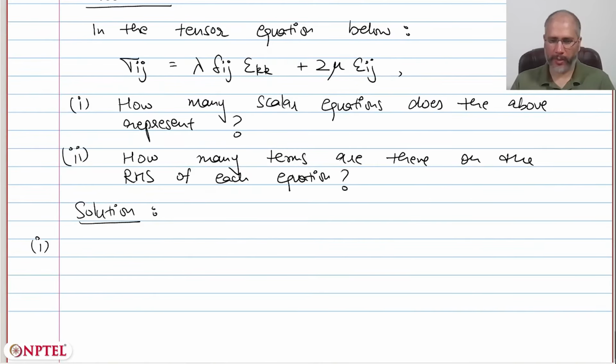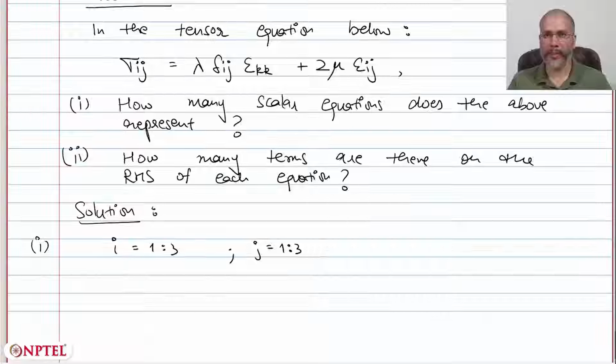So if you look at the equation for sigma, sigma has two indices i and j, where i goes from 1 to 3 and the index j goes from 1 to 3. That is, they take the values 1, 2 and 3 independently.